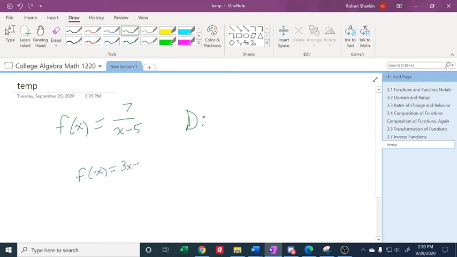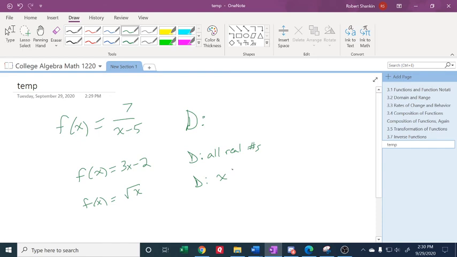I'll come back to that in a minute. Okay. The domain on this one is all real numbers. The domain on this one is something that's a property of x. Cannot take square roots of negative numbers.